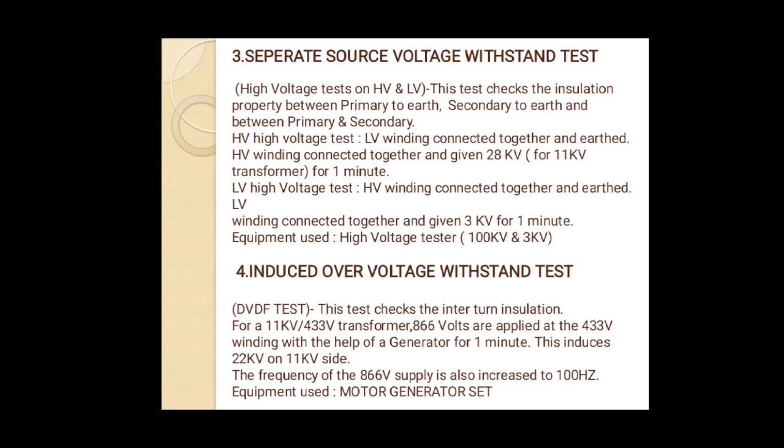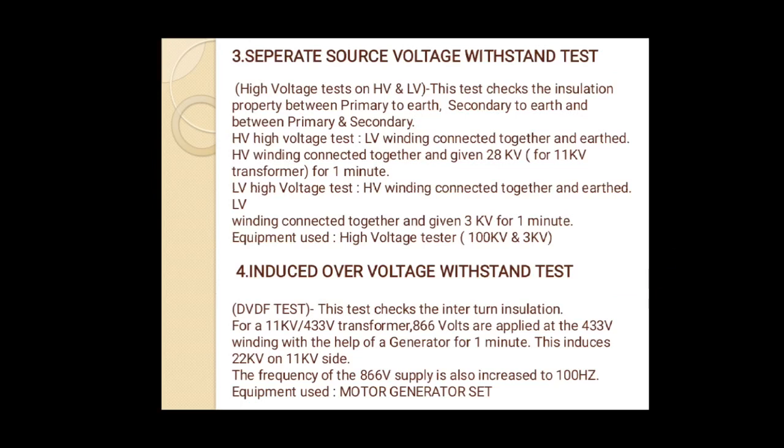In the LV high voltage test, the HV winding is connected together and earthed, and 3 kV is given to the LV winding for 1 minute. Equipment used is a high voltage tester of 100 kV and 3 kV.